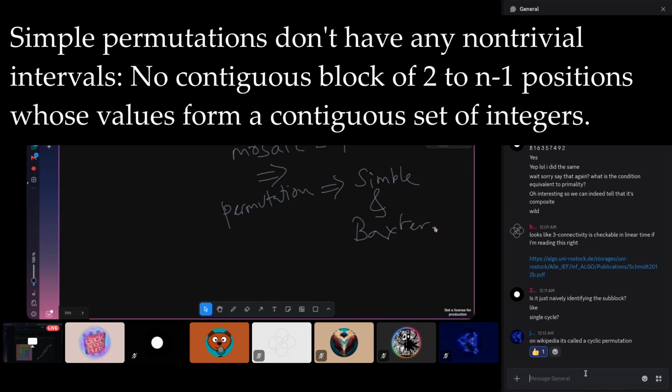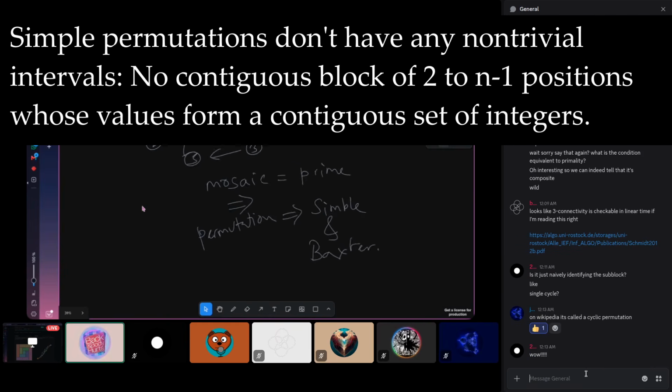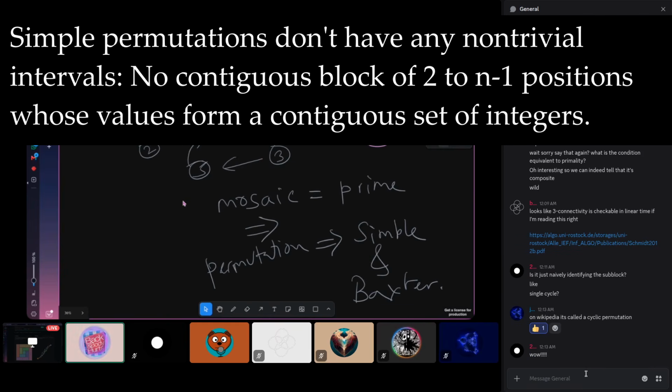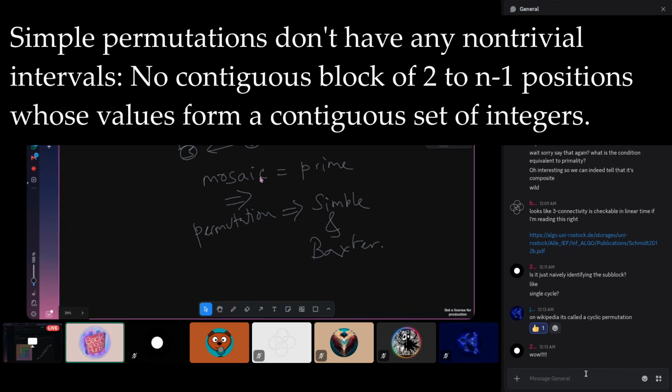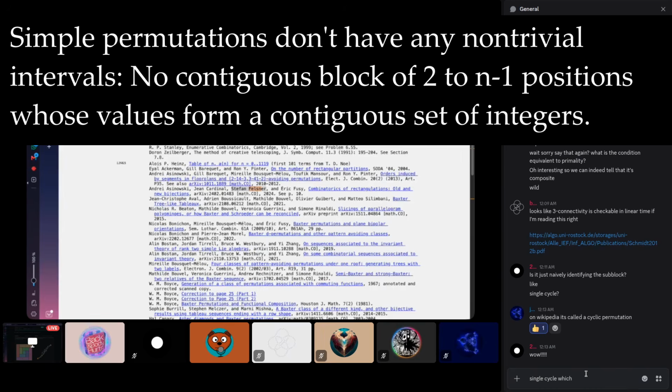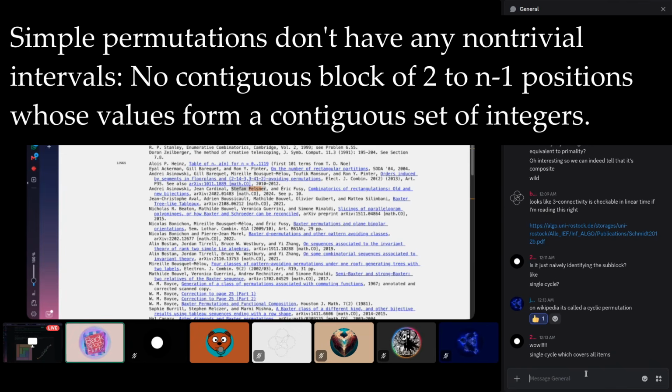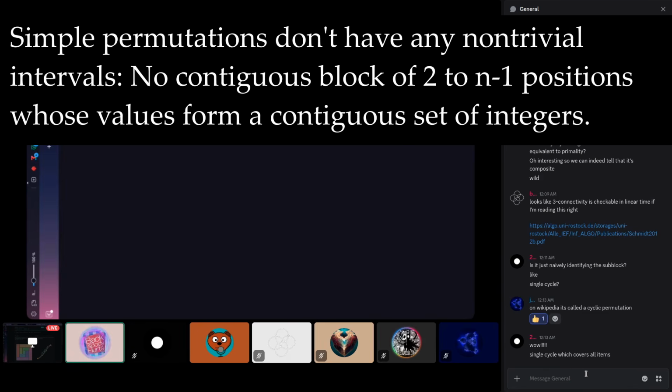Well, it's not just cyclic. Simple permutation is more than just a single cycle. And it is also like if you remove any one of the elements, it might break that cycle. So let me show the definition of simple permutations. Maybe Wolfram has a better answer.